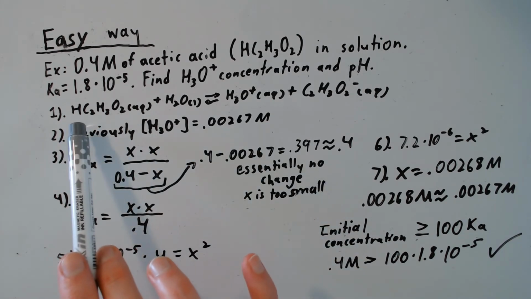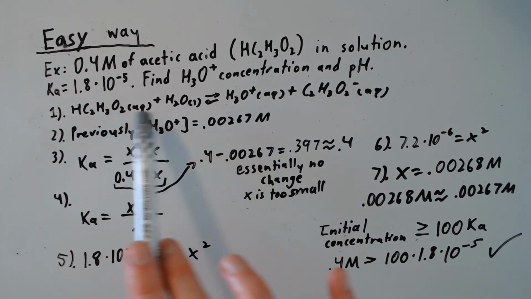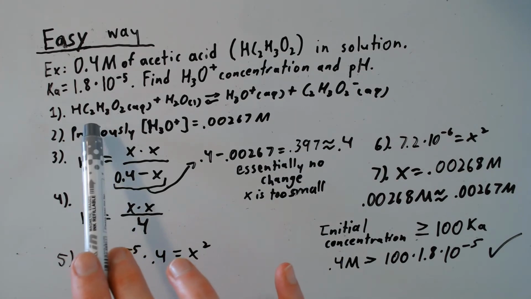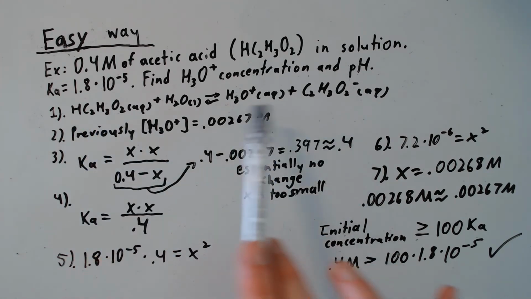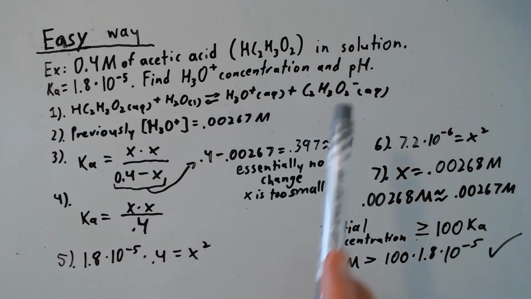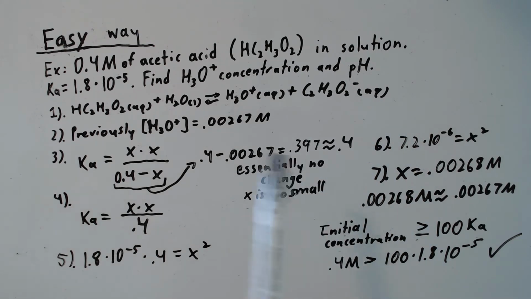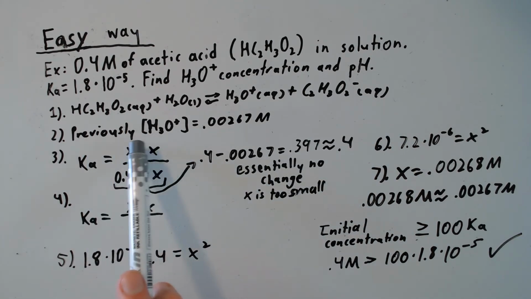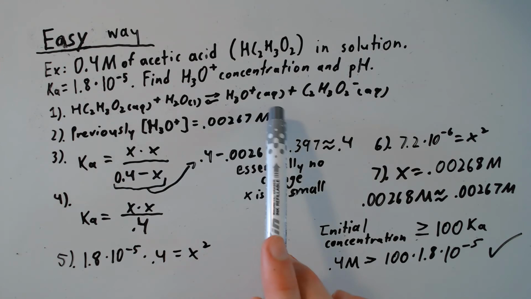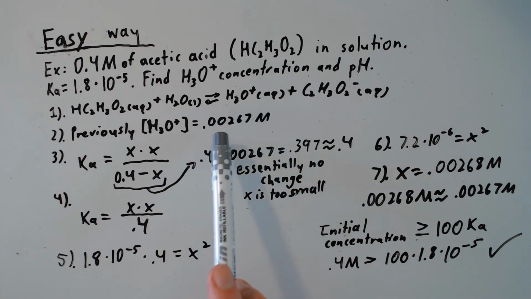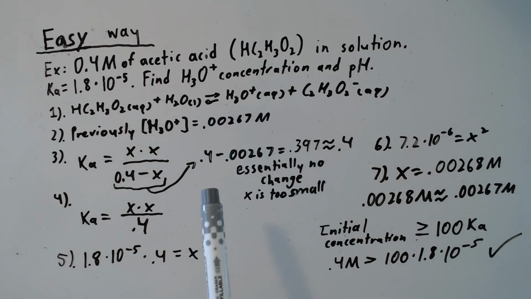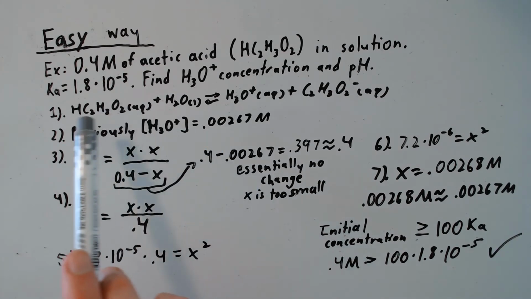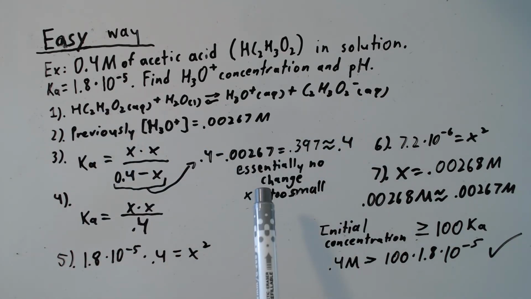So again, we have our reaction on the top where HC2H3O2 dissociates to form H3O+ and C2H3O2-. Previously, we determined that the concentration of this H3O+ for this problem is 0.00267 molar. Now, we can solve this problem a different way. But we start out with the same step initially.